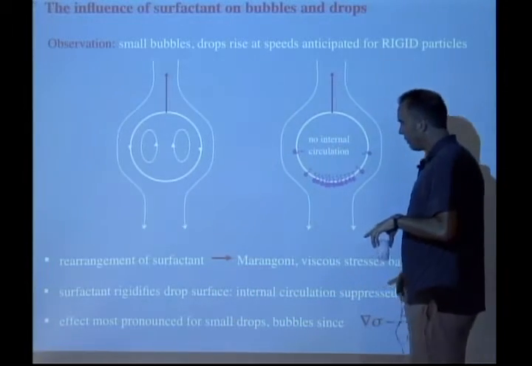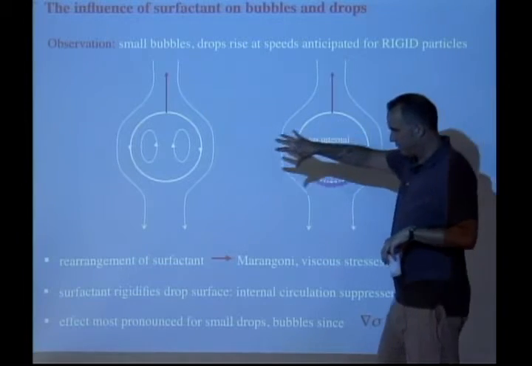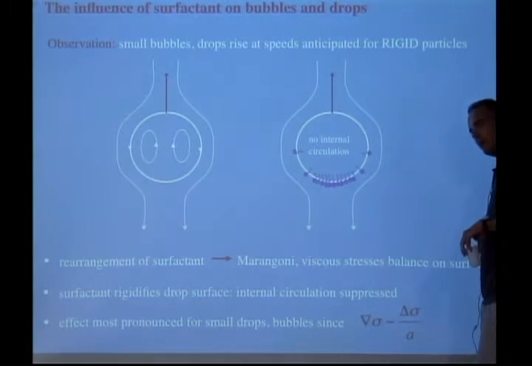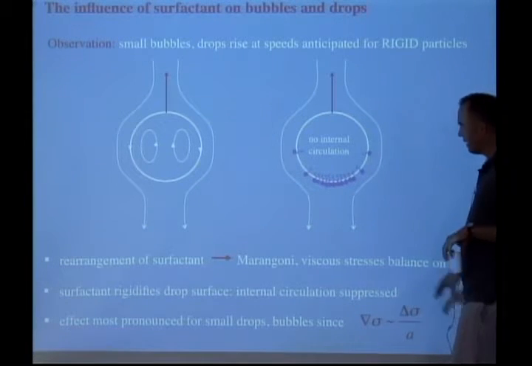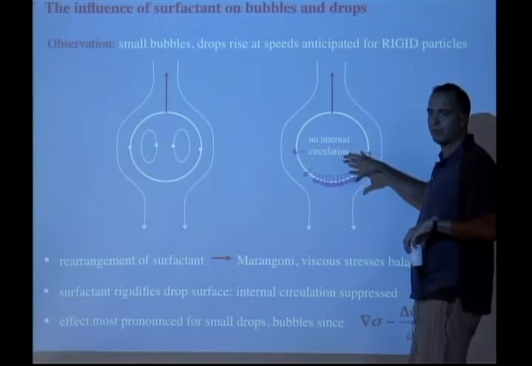It turns out that when you have surfactants around, the rise speed of this drop corresponds to that of a rigid object with the same density difference, which is saying that somehow its interface is becoming rigidified, and this is happening through the presence of surfactants.